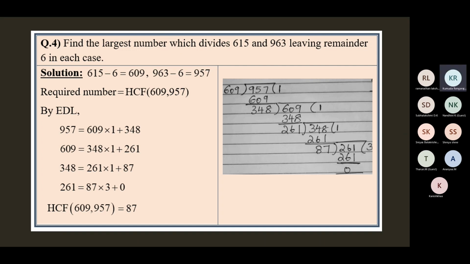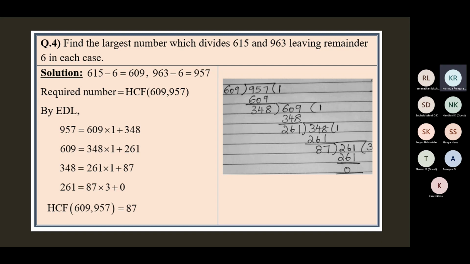You can find the HCF by any method. So 87 is the largest number that divides 615 and 963, leaving remainder 6 in each case.